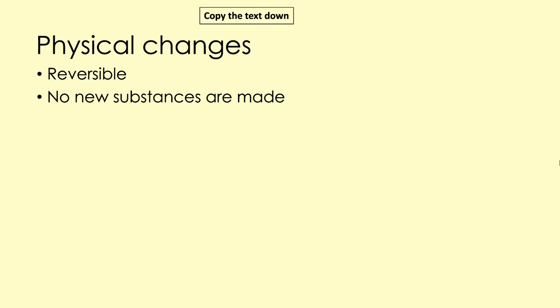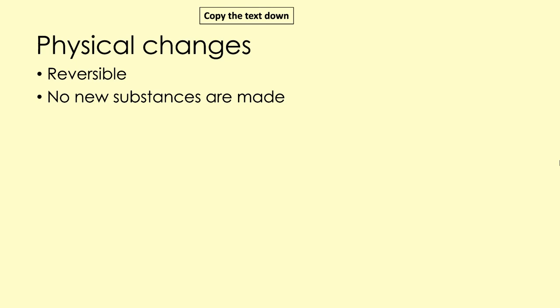So in order to reverse that physical change of it melting, I could put that chocolate bar in the fridge and it would cool again and turn into solid chocolate and then I could eat it. Now, no new substance has been made when that chocolate melted, or indeed when it turned back into a solid. So it's still chocolate, whether it was a solid or a liquid. It still tastes the same. So it's the same substance. And that's why it's easy to reverse, because it's the same substance.